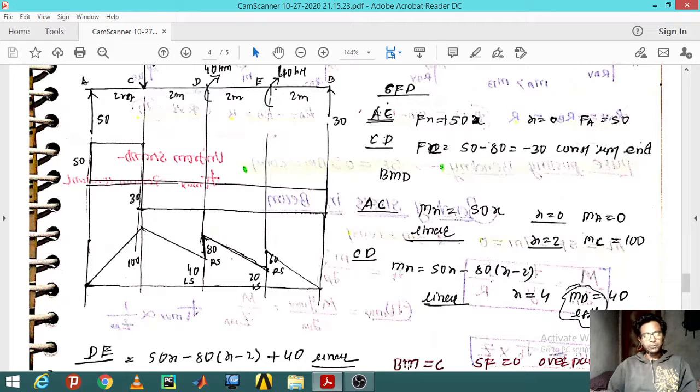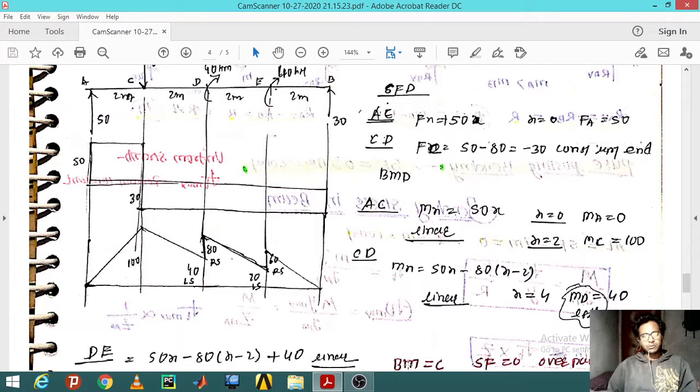If you take moment with respect to that point, it will be 50x, and if you put the x value as 0, the moment at point A is going to be 0.